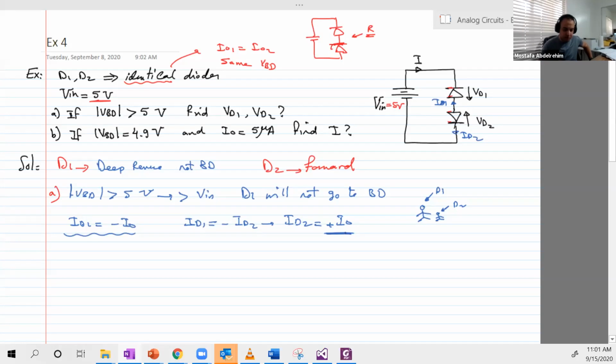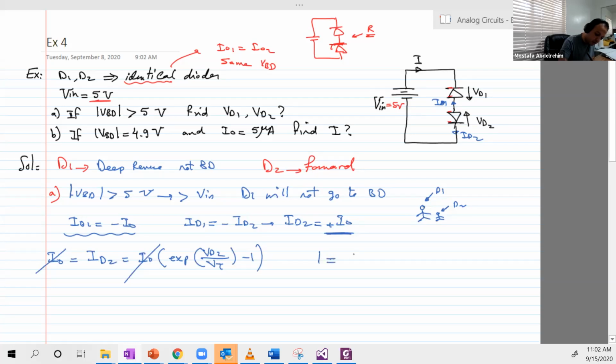And its voltage as well. Let's calculate VD2. We know that ID2 is equal to I naught times exponential VD2 over VT minus 1. ID2 is equal to I naught, so here is I naught. This will go with this. So 1 equals exponential VD2 over VT minus 1.